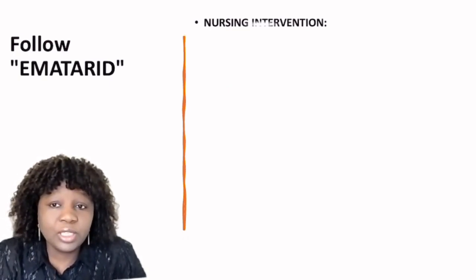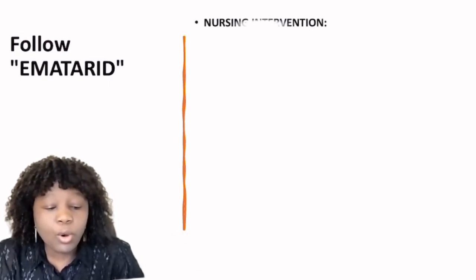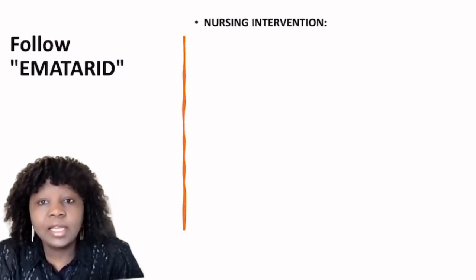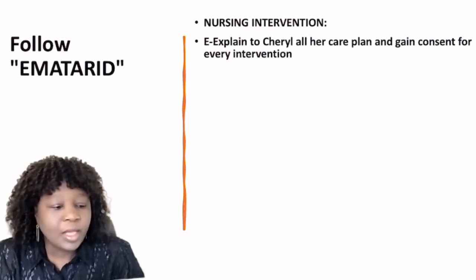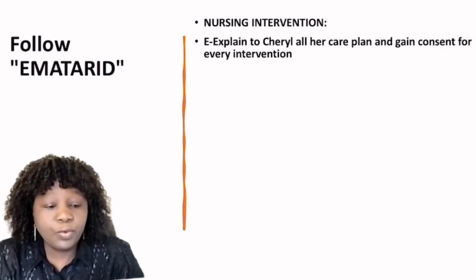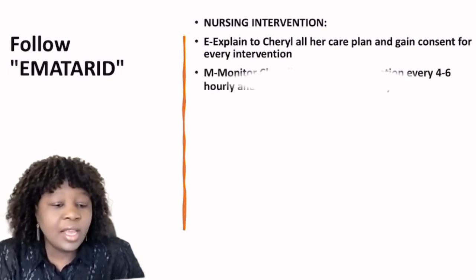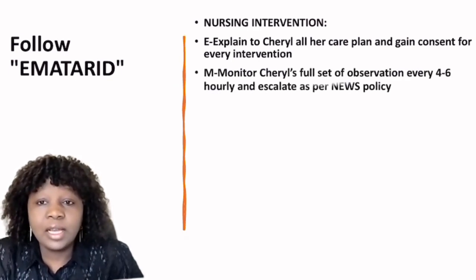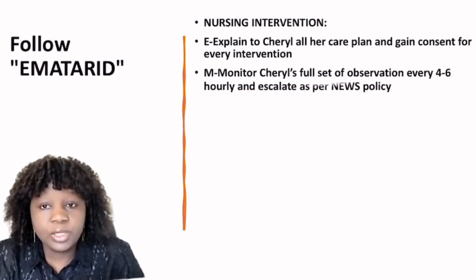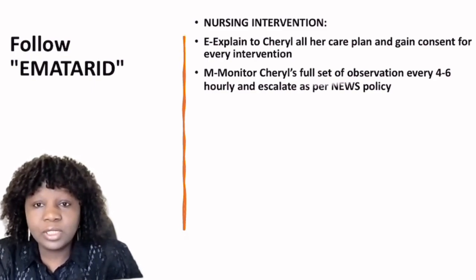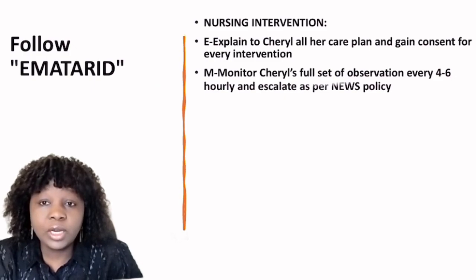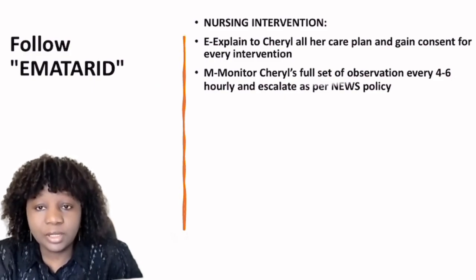So the first one is explain to Cheryl all her care plan and gain consent. The next one, which is M, is monitor Cheryl's full set of observation every 4 to 6 hourly and escalate as per NEWS policy. So how did I get the 4 to 6 hourly? That's the frequency of monitoring that we got during our assessment station.